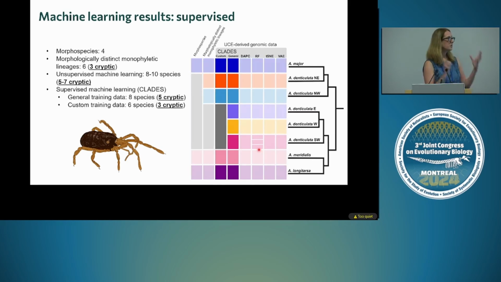When it comes to supervised machine learning, that's what's highlighted here. Recall we analyzed our data using both a general training data set, that's shown here, and it found an answer very similar to what we saw in our unsupervised machine learning approaches. However, when we incorporated our custom training data set from a biologically very similar taxon, we found a lower number of cryptic species: 6 species total in the complex and only 3 cryptic species.